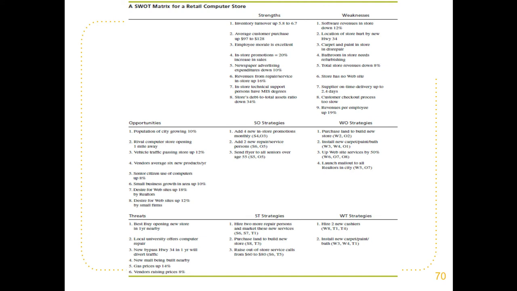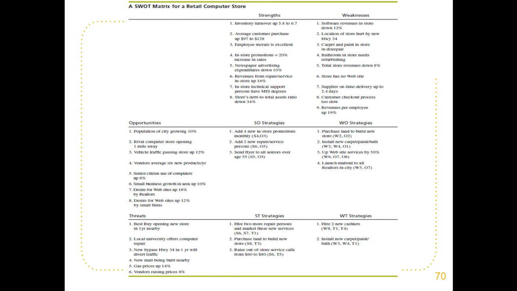Regarding the SO in number 2 and ST in number 1 strategies, if the analyst would just say add new repair or service persons, the reader might think that 20 new repair or service persons are needed when actually only 2 are needed. So always be specific to the extent possible in stating factors and strategies.